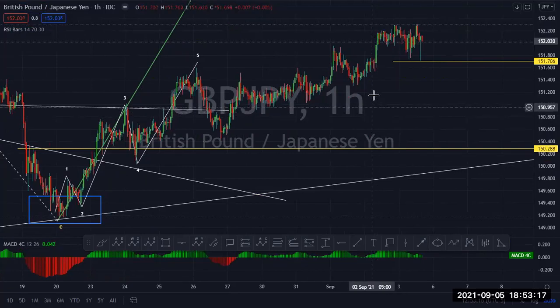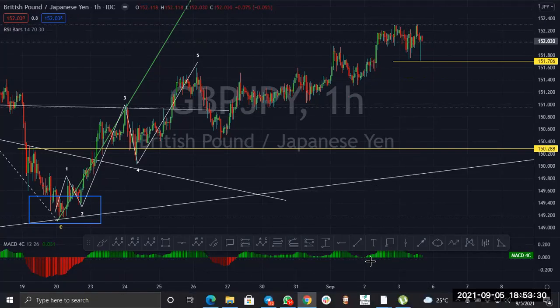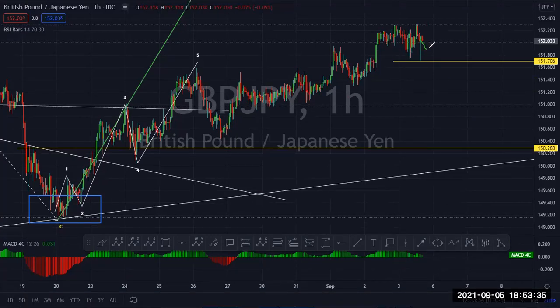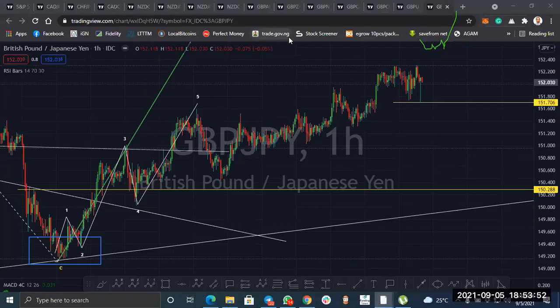I don't see any reason to sell unless we get a sharp move towards the level. So this is my forecast: a slow move, and then they buy. That's what I think we're going to have.